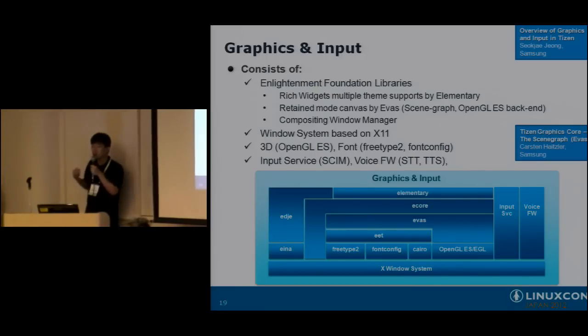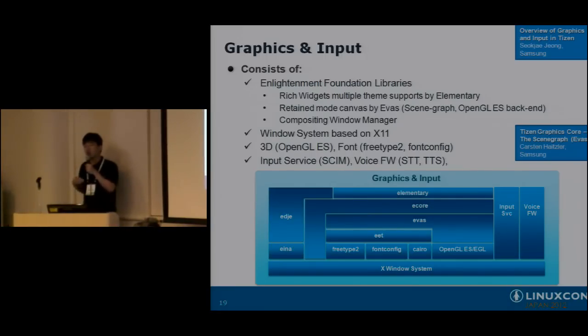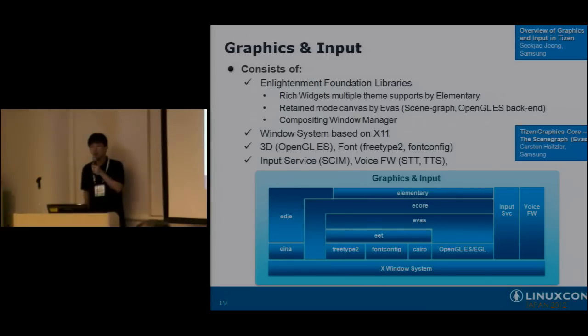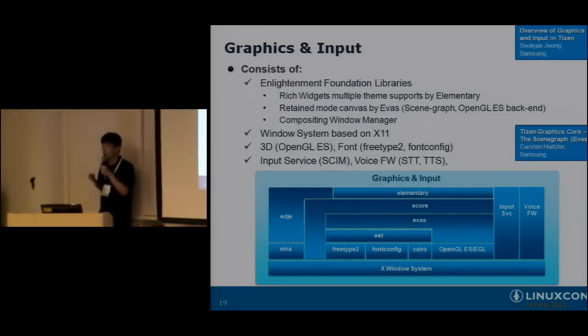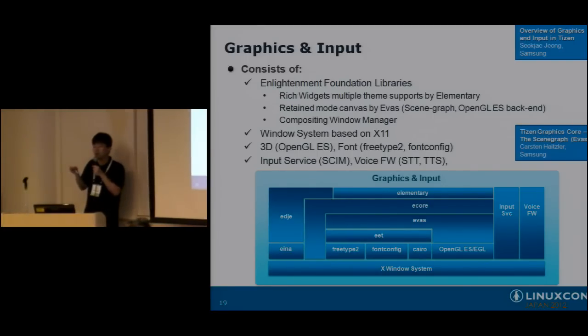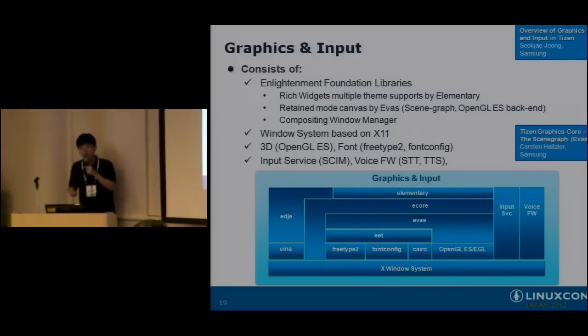There is a rich widget set, which supports multiple themes, and basically all those widgets are scalable, so you could give a scale factor as an environment variable, then your application scales down or up based on that value. These widgets are in Elementary, which is part of the Enlightenment Foundation Libraries.